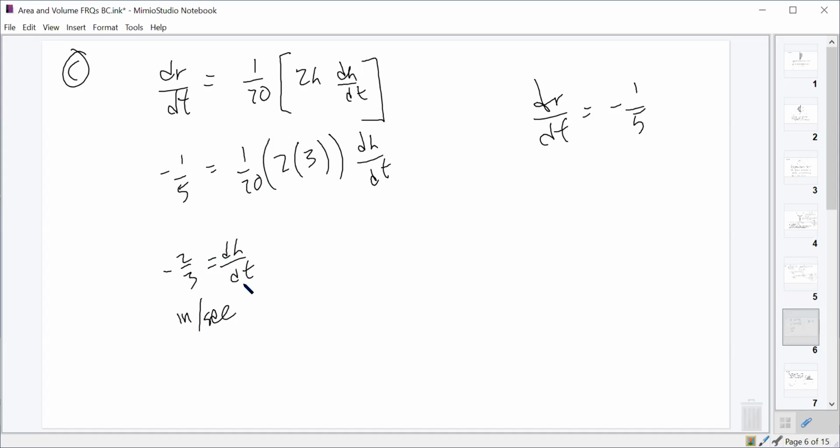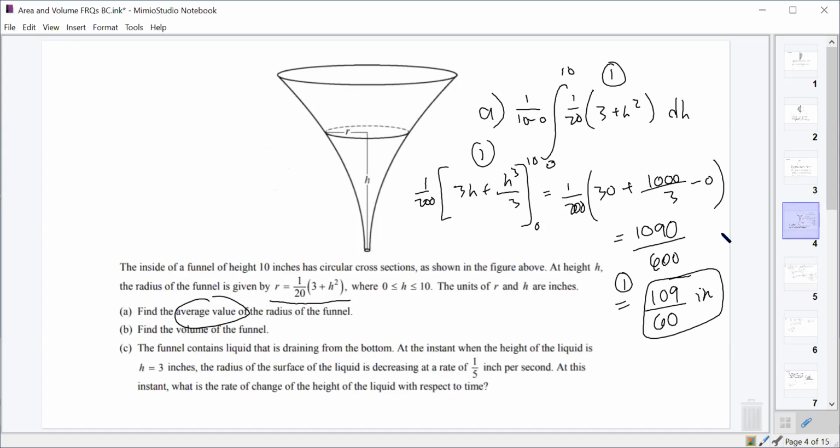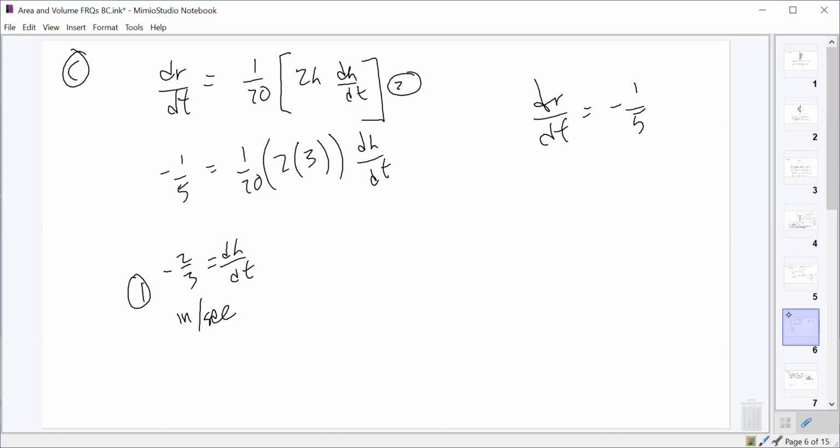And that was 3 points. 2 points for correctly doing this implicit differentiation with dr/dt and dh/dt, and 1 point for the final answer. It doesn't ask for units, but it's always good to have units. Any questions on that one?